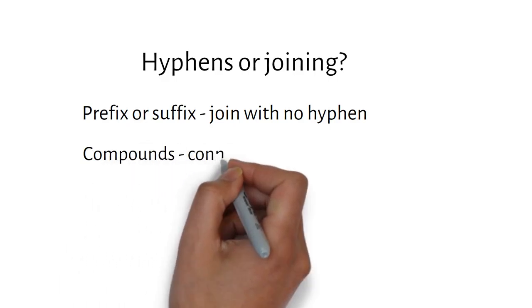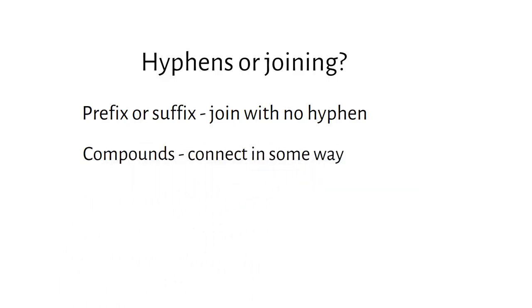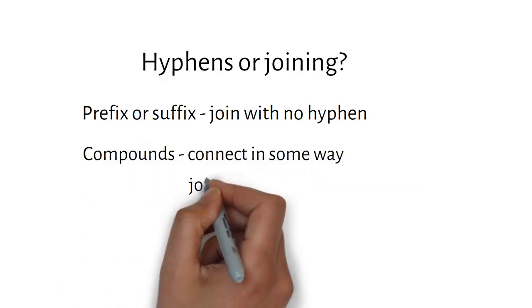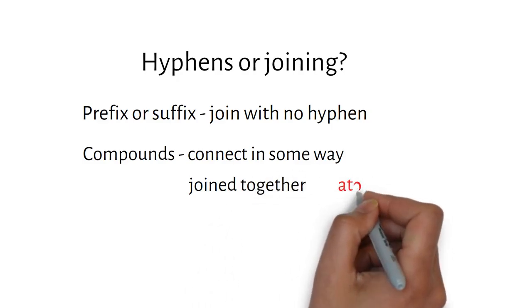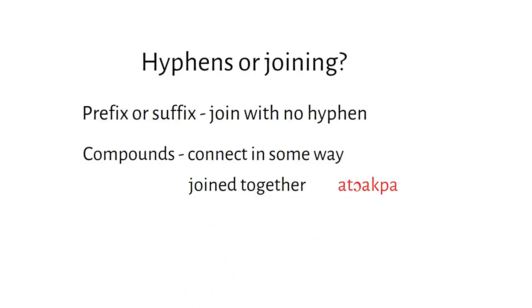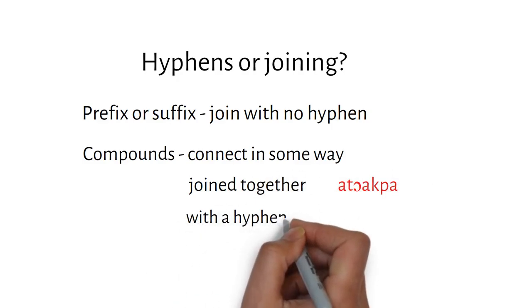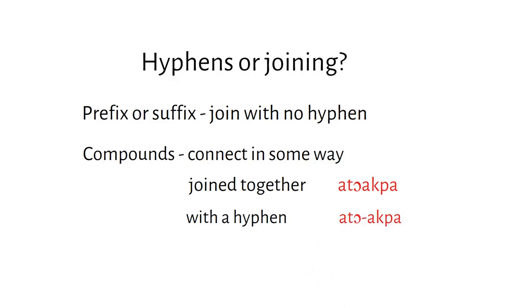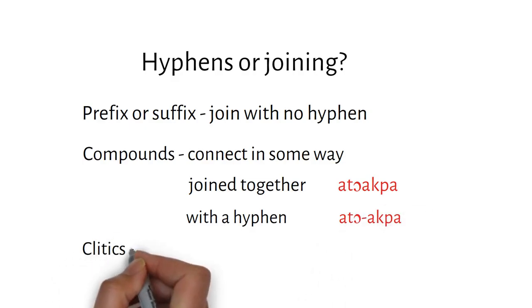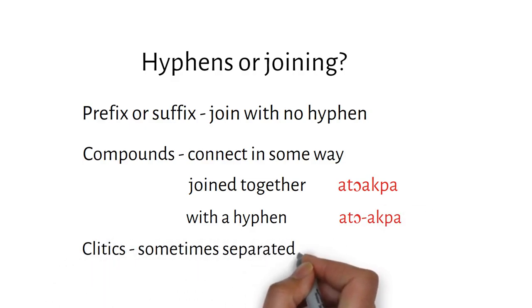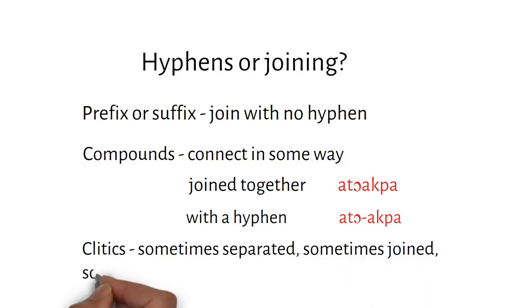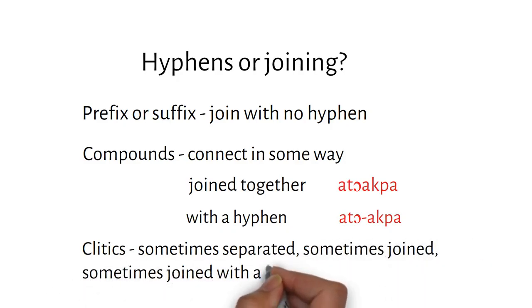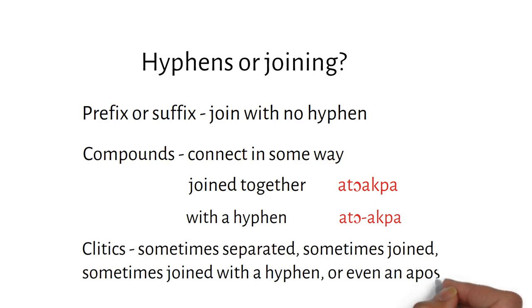If it's a compound, we usually do want to connect the morphemes in some way. You can write them totally joined, like this, or with a hyphen, like this. If it's a clitic, an in-between type of morpheme, sometimes these are separated, sometimes joined with a hyphen, or even joined with an apostrophe.